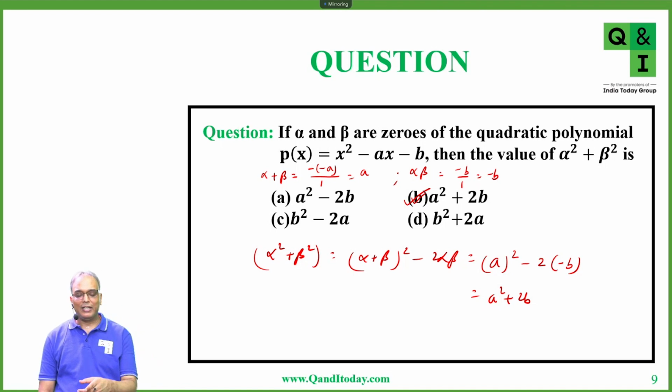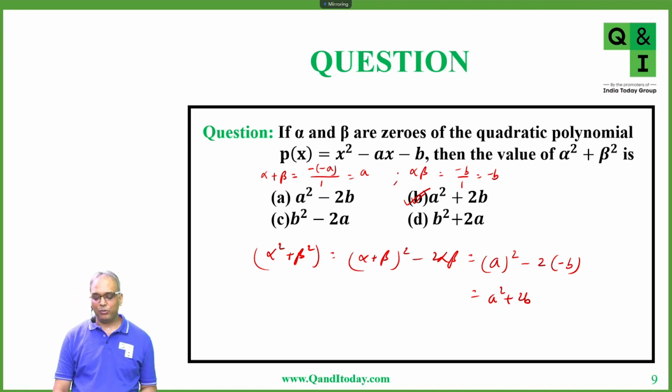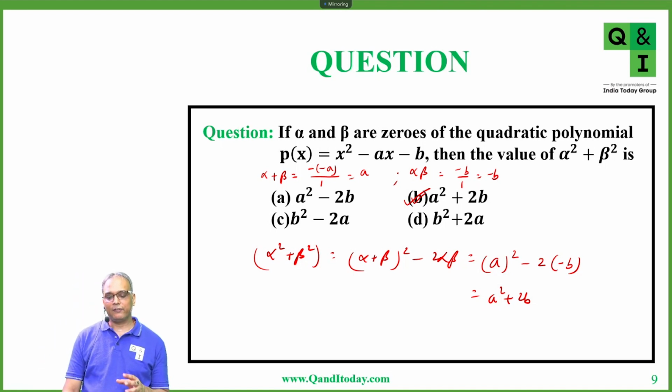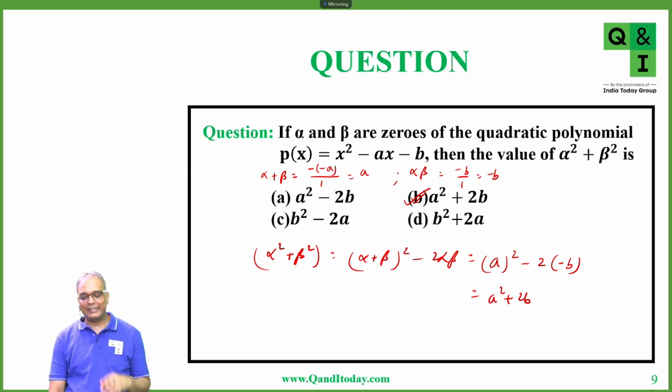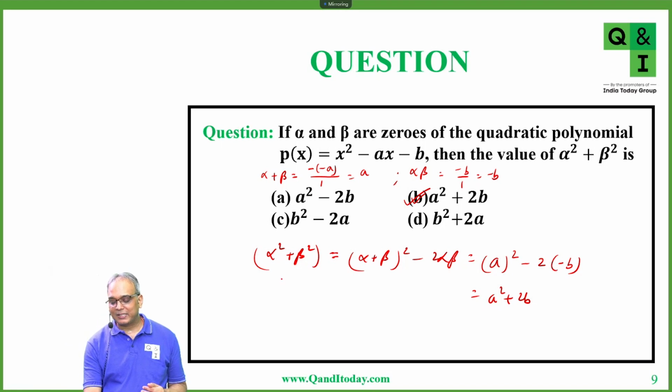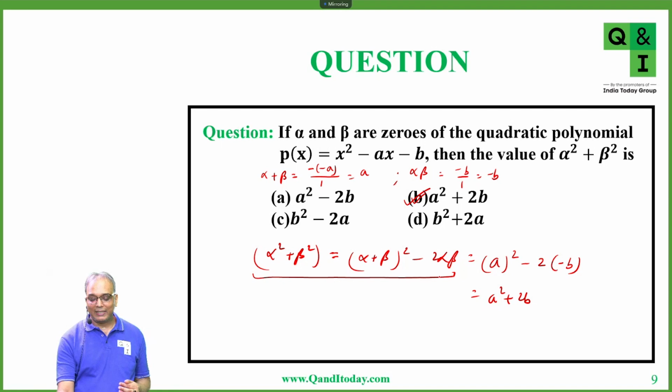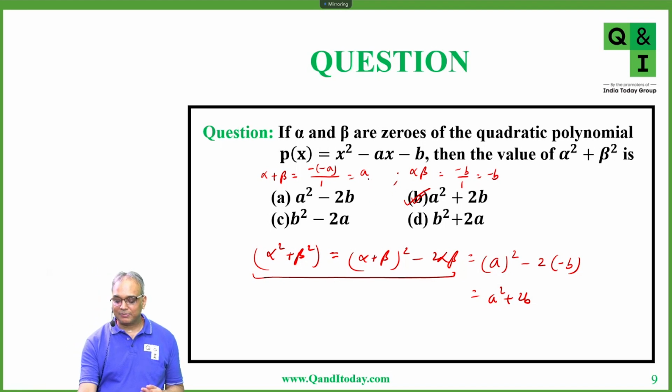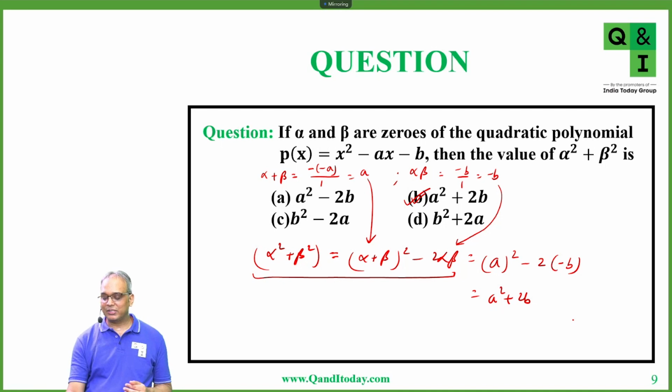We put the values from the given polynomial and got these values of alpha plus beta and alpha beta. Now we expanded the identity alpha square plus beta square in terms of alpha plus beta and alpha beta, right? Once we have done that, we can put the values alpha plus beta as a and alpha beta as minus b. Put the values here and you will get it.